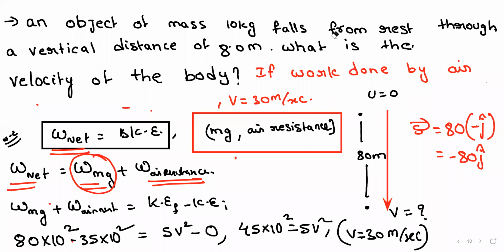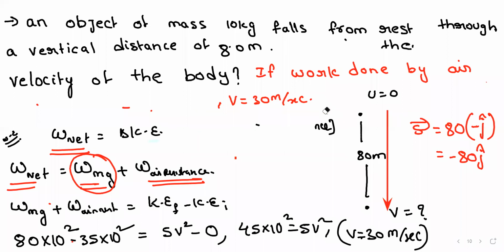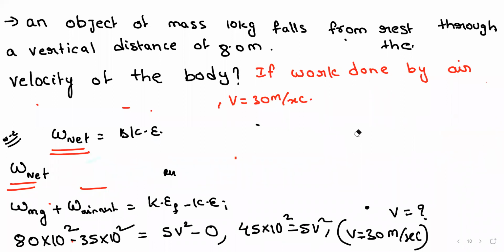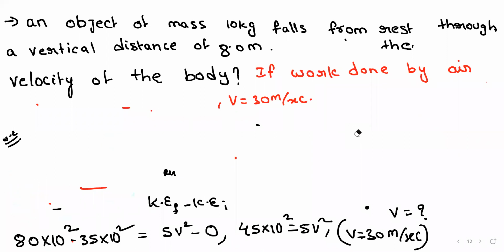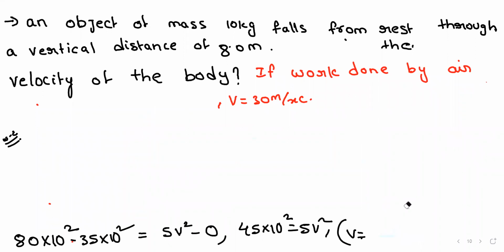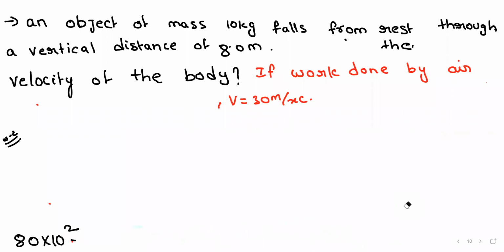So next question is: an object of mass 10 kg falls from rest through a vertical distance of 80 meters.